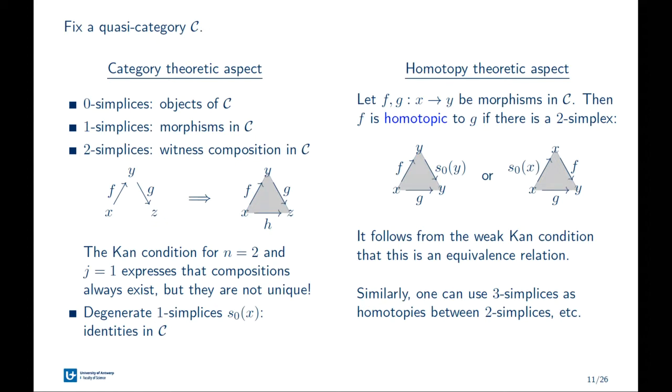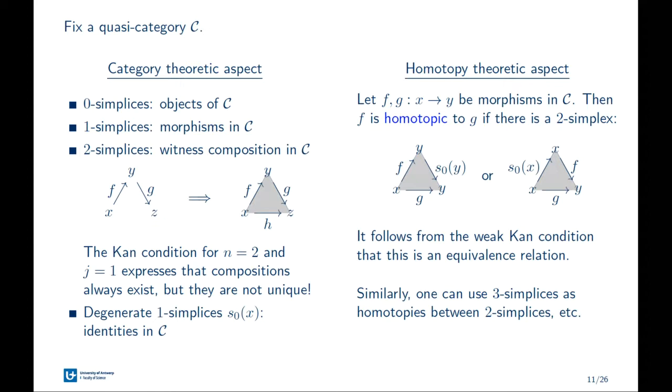If I have two morphisms, f and g, between two given objects, x and y, then I will call f homotopic to g if there exists a two-simplex like this. So f connected to g, where this is the identity, or equivalently f and g here, and the identity on x there.